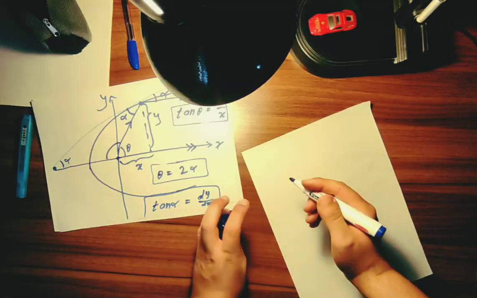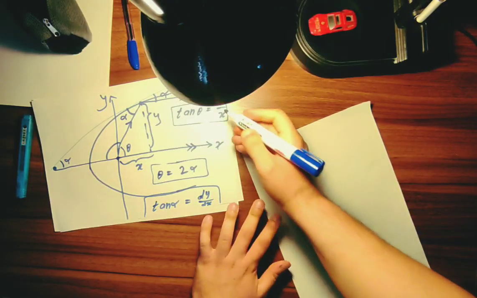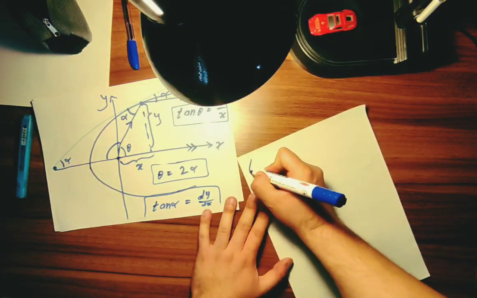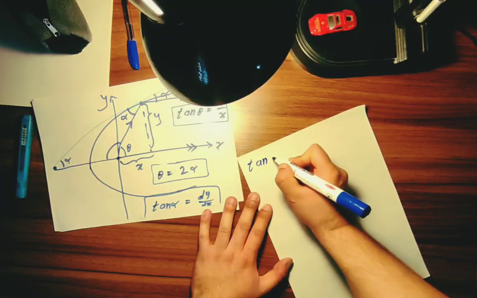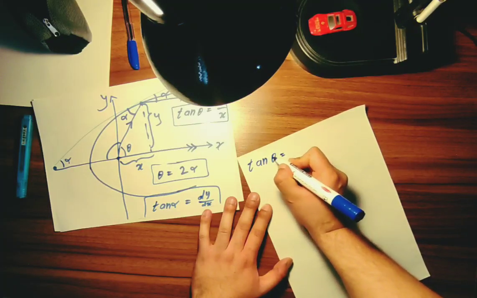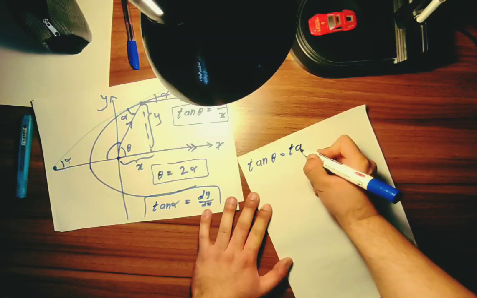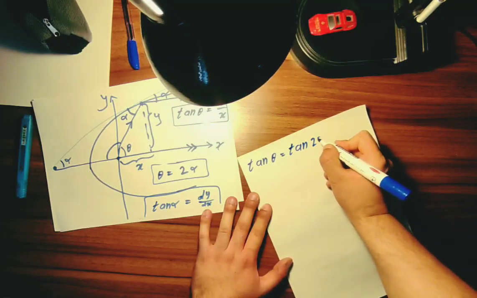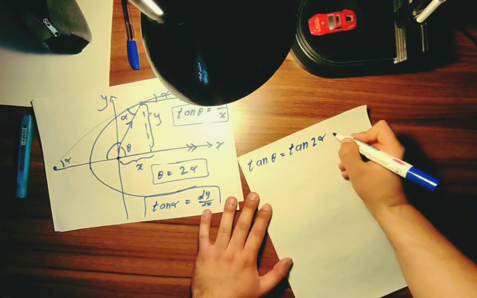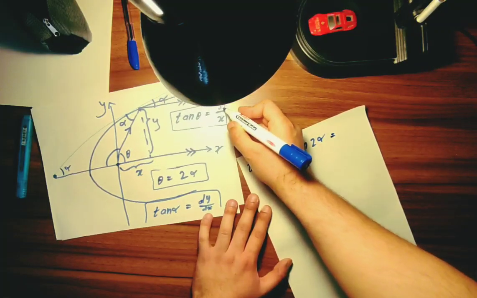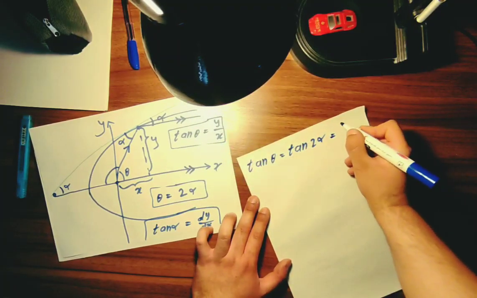Tangent of theta is equal to y divided by x, and theta is equal to 2 alpha, so I write it here, tangent of 2 alpha equal to y divided by x.